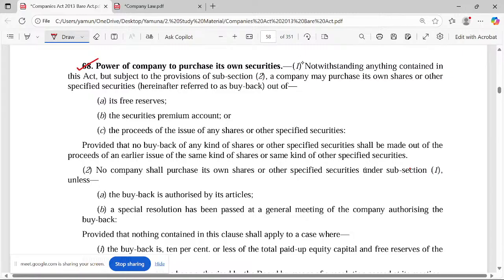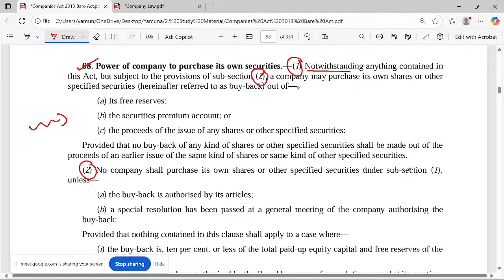Section 68, subsection 1 starts by saying that notwithstanding anything contained in this Act, but subject to the provisions of subsection 2, which means when you talk about subsection 1, you have to keep in mind the provisions related to subsection 2.